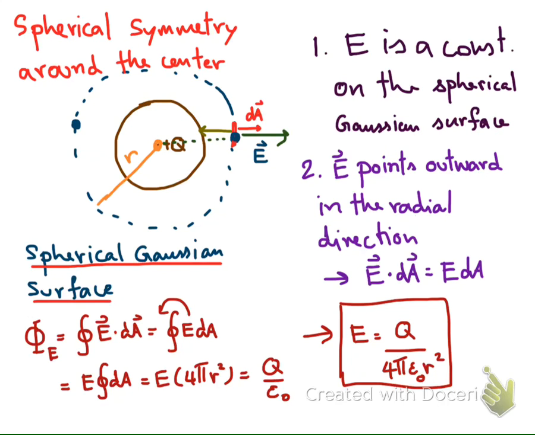So we choose the spherical Gaussian surface which has the same center, or is concentric, with this object. Okay, so we use the symmetry to simplify our calculation because we have these two expectations, and at the end we get the result quite simply. Okay.